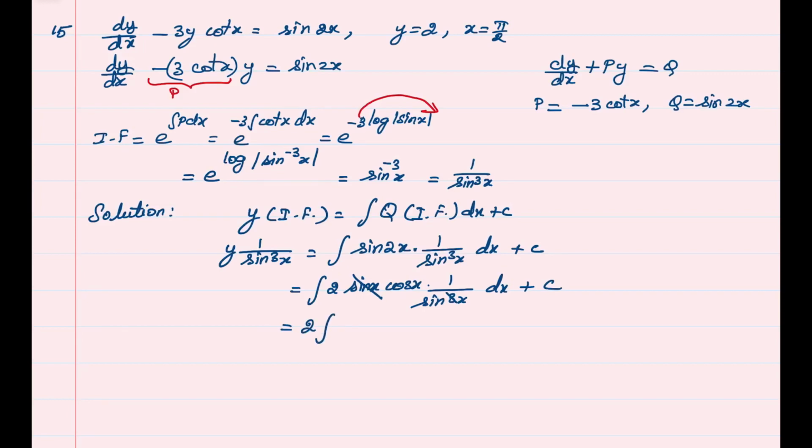Two times integral cos by sin is cot x and 1 divided by sin is cosecant x dx plus c. And integral of this is minus cosecant x.